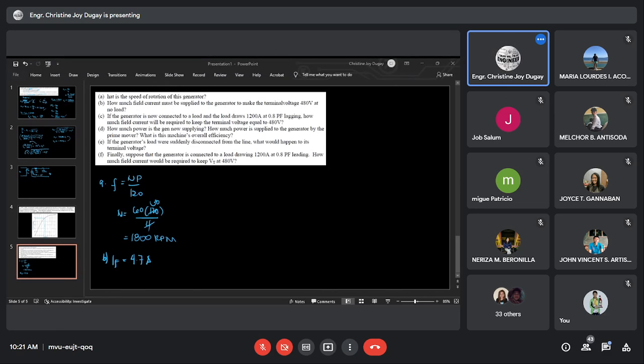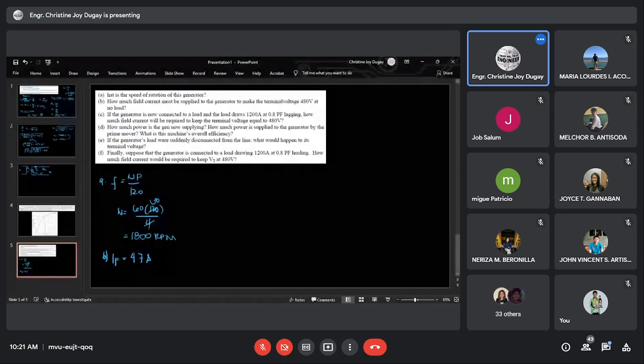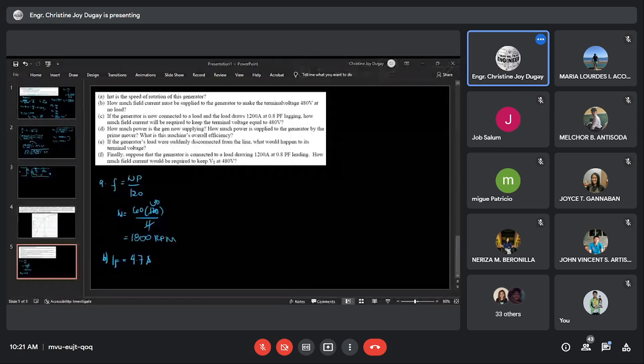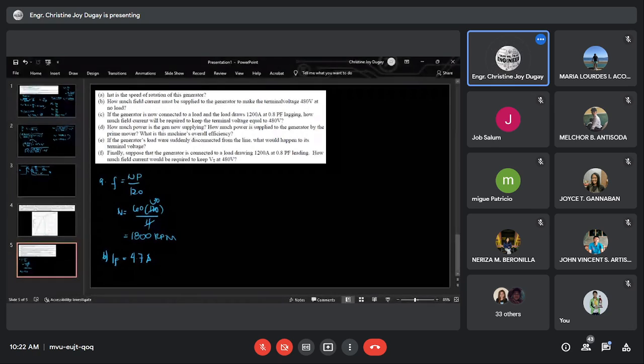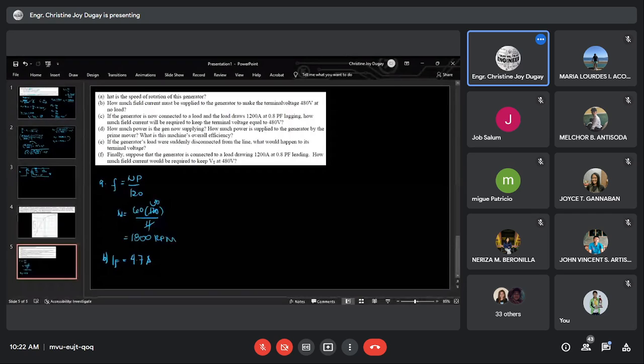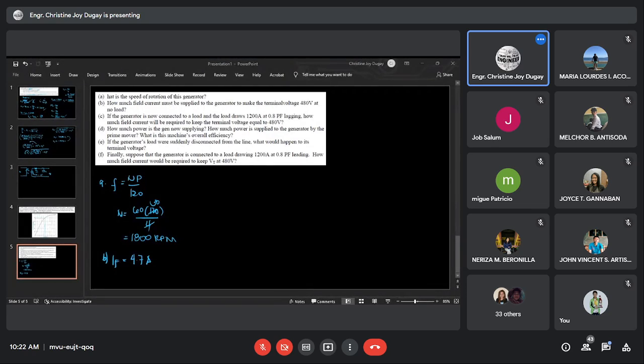Anyone? How do we find the value of the field current?